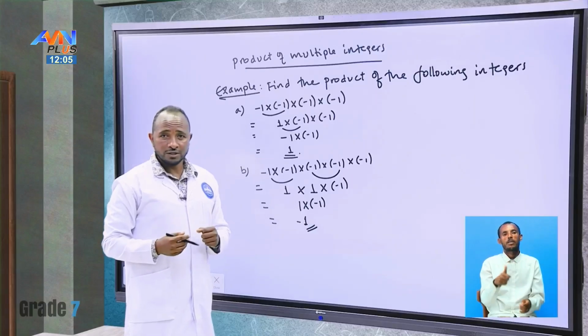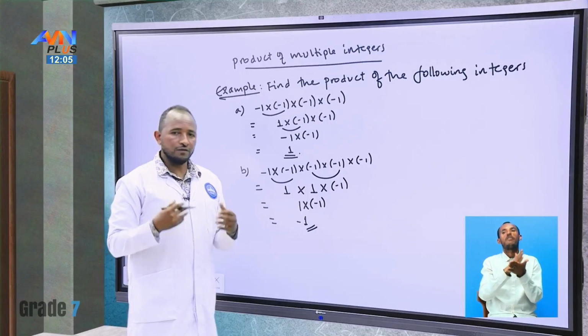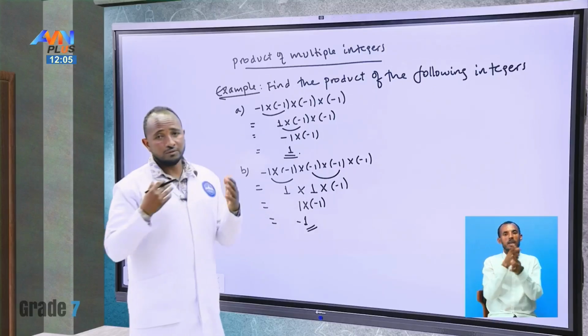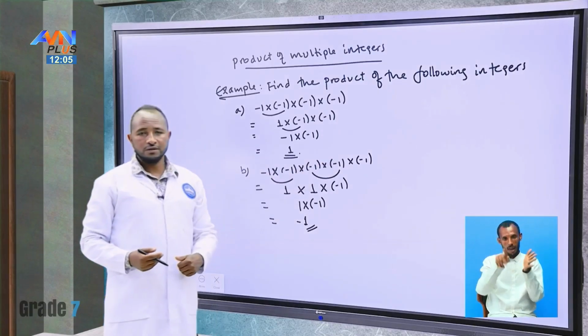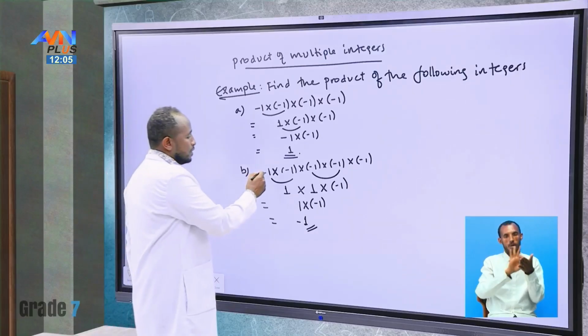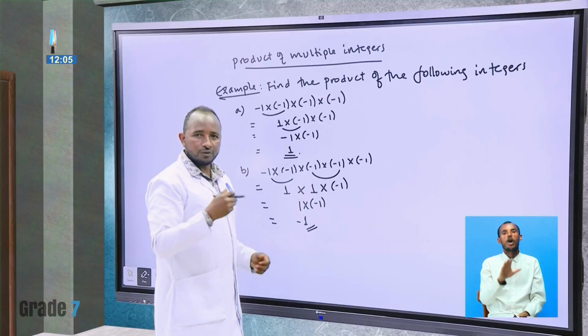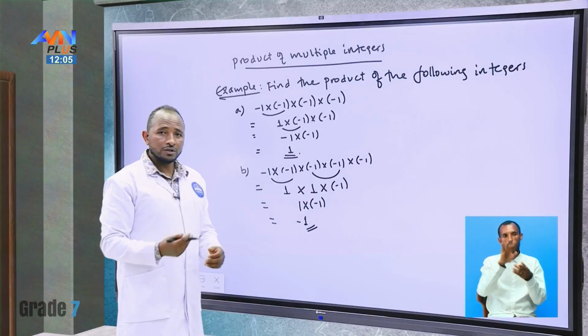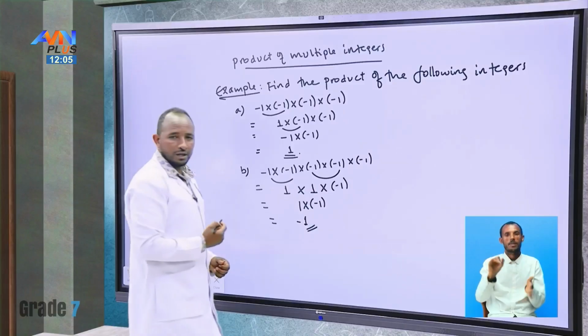In other words, if the number of negatives is even, the answer will be positive. Again here, let's count the number of negatives. 1, 2, 3, 4, 5. It's odd. When we count the number of negatives, if it is odd, the product will be negative.